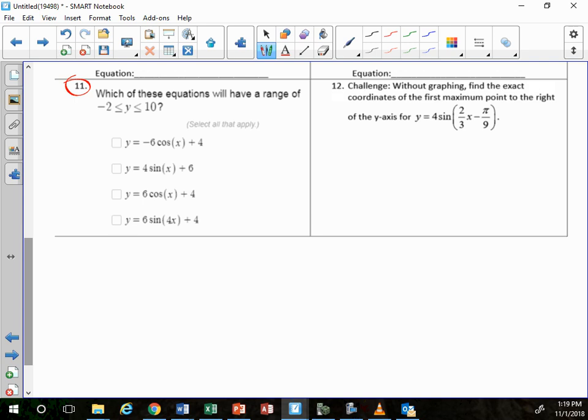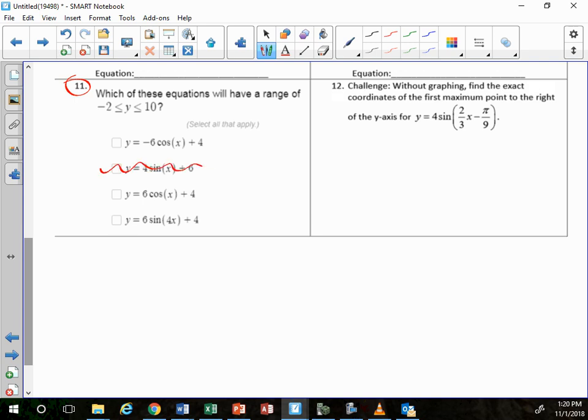Okay, guys, because we're running out of time, let's talk about these. If your range is -2 to 10, how far is it from -2 to +10? 12. Half of that is then your amplitude. So what's half of 12? 6. So I see 3 of them with an amplitude of 6, right?